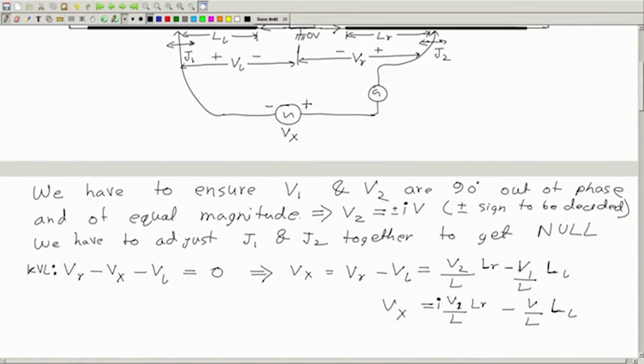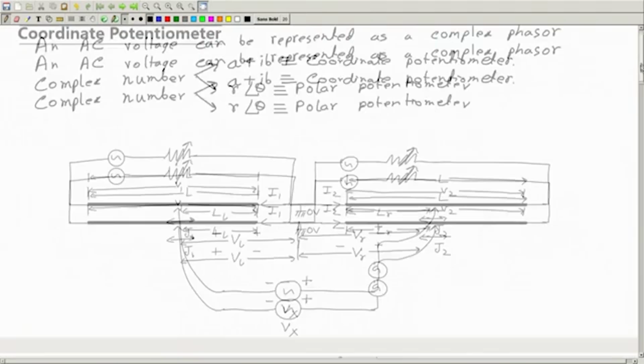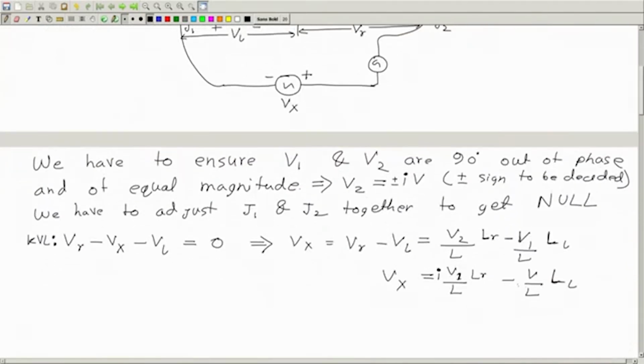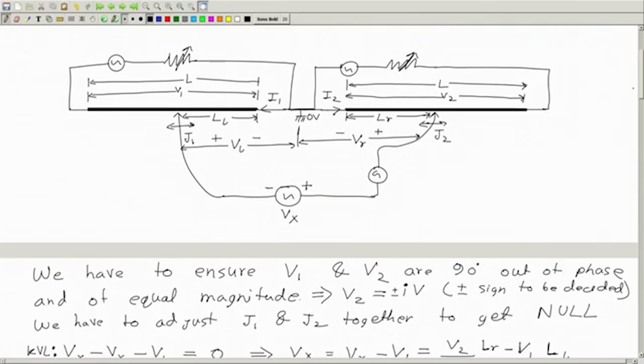Okay, so you see we are getting the unknown voltage Vx in this form, A plus IB, where V1 is this A, this is B. So this is the principle of this coordinate potentiometer. This is the basic principle.